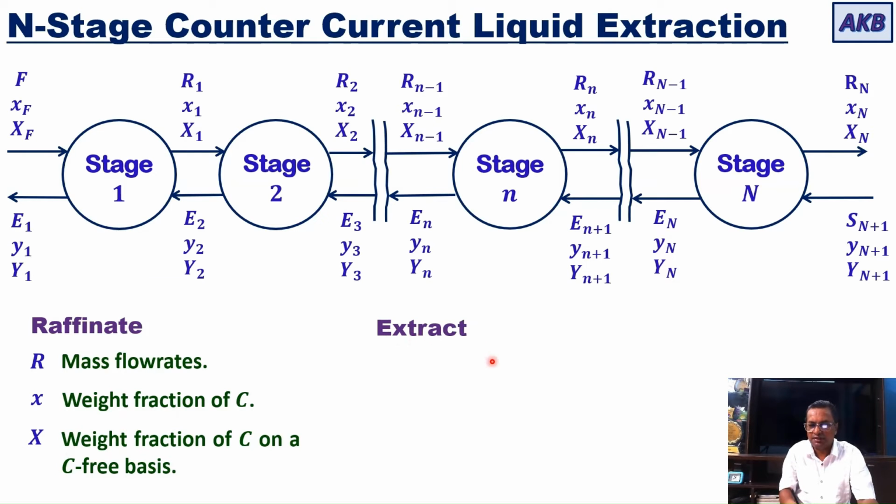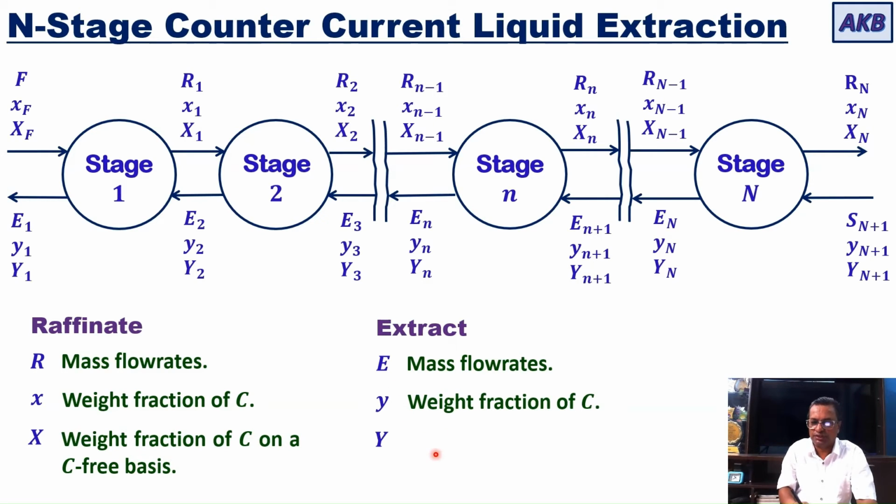Then you have extract phases. Here all E's, that is E1, E2, E3, they will be mass flow rates of the extract phase that is coming out of various stages. Small y is weight fraction of C in those extract phases, whereas capital Y is weight fraction of C on a C-free basis in all those extract phases.